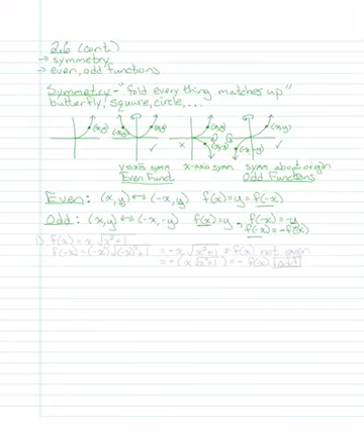So for our example, let's do f of x is equal to x times the square root of x squared plus 1. Alright, so we said we're going to plug in a negative x, so f of negative x is equal to negative x times the square root of negative x squared plus 1.